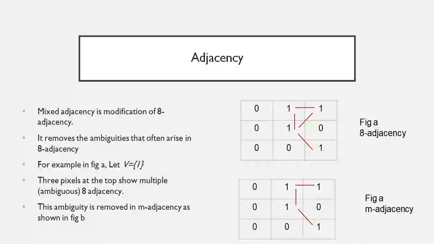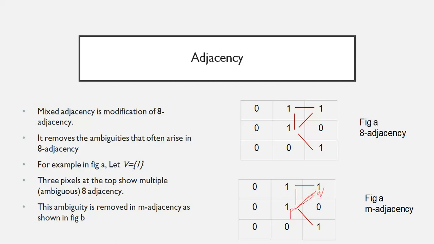Okay, so here is the example where we show why M adjacency is used. Sometimes when you are using 8 adjacency, there is an ambiguity whether we should take this part here or we should take this part. To remove this ambiguity, M adjacency is used. Because when we use M adjacency, suppose this is my P and this is Q, these cannot be connected at all.